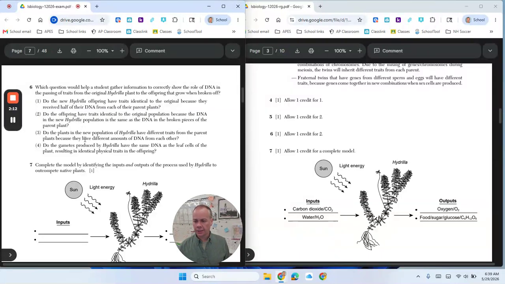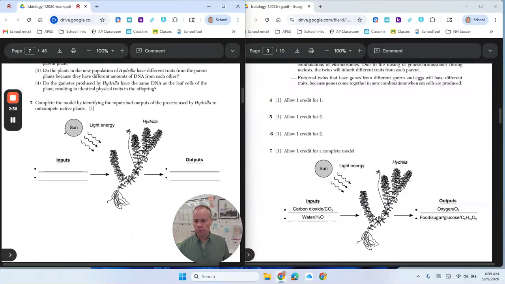And then the last 2 choices: do the plants in the new population have different traits from the parent because they have different amounts of DNA? No, that's not correct. They have the same amount of DNA. And do gametes produced have the same DNA as leaf cells? We know from what we learned about sexual reproduction that gametes do not have the same DNA as leaf cells. They have half the number of chromosomes, so a different amount of DNA. So the answer to number 6 is 2.